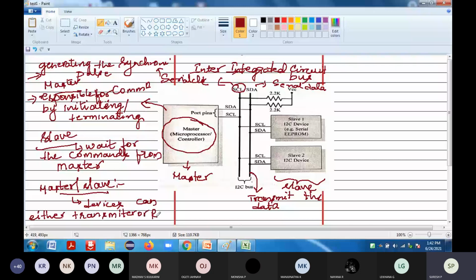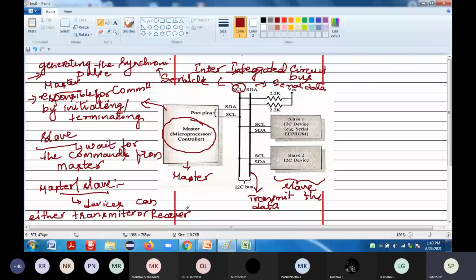The master device can work both as master and as transmitter or receiver. Regardless of whether the master is acting as a transmitter or receiver, the synchronization clock signal is generated by the master device. Whether your master is transmitting or receiving, whether your slave is acting as a transmitter or receiver, the synchronization clock pulse is to be generated by the master only.